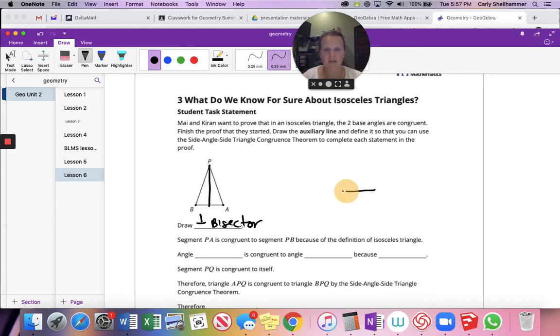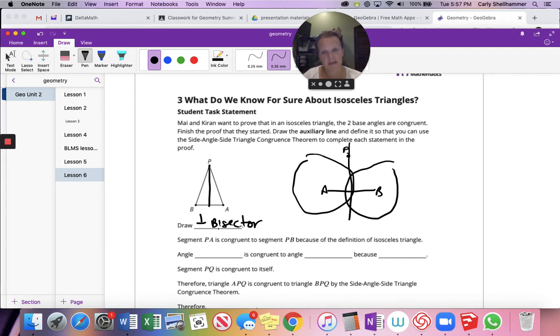Okay, perpendicular bisector through point A. So this is A, that's B, this would be point P. If I did a circle through A, the radius of AB, and then through B, the radius of AB, we know in an isosceles triangle P is between it. So now I can just draw a segment through it. That's a terrible drawing, but I think you understand what I'm trying to do.